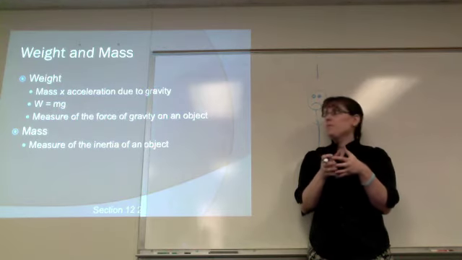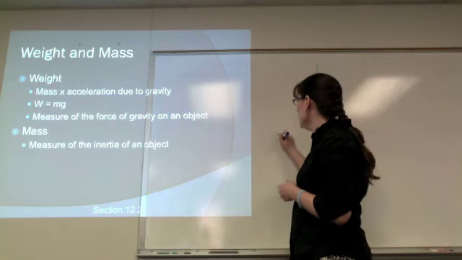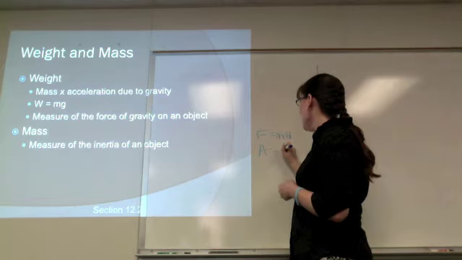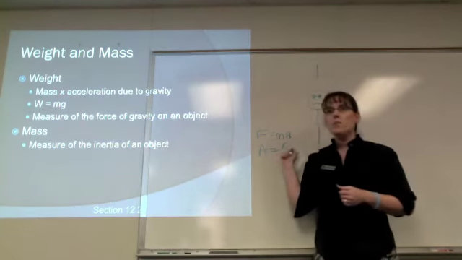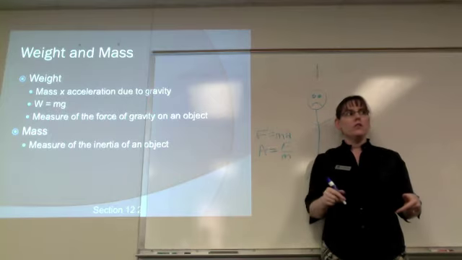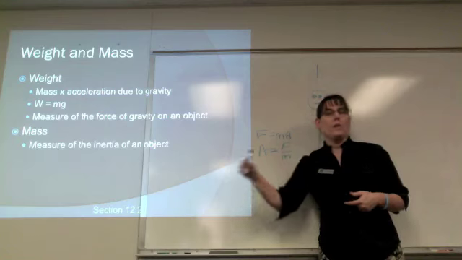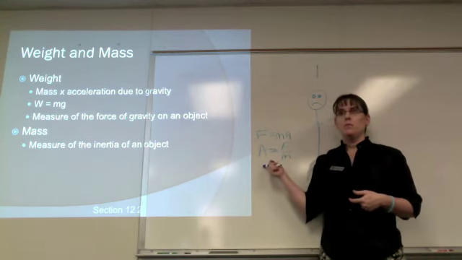Which means that in the F equals ma equation, or a equals F divided by m, if you're hit by the same force here as you're hit by when you're standing on the moon, your acceleration will be the same.